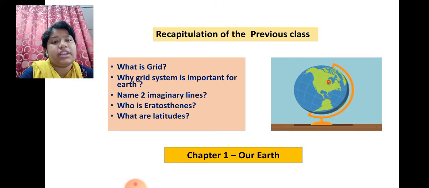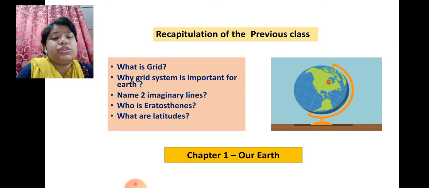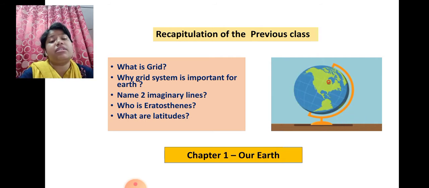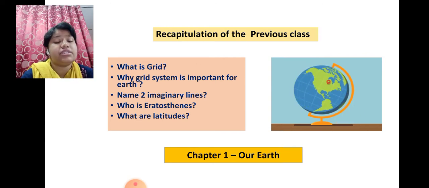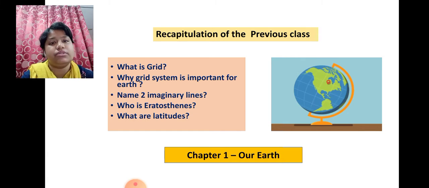To know the direction and location of people, and to measure distances. The two imaginary lines we studied were the axis and the equator. Who was Eratosthenes? He discovered the grid system theory. And what are latitudes? Those are the parallel lines drawn from the center of the earth. Today we will discuss latitudes and longitudes in detail.